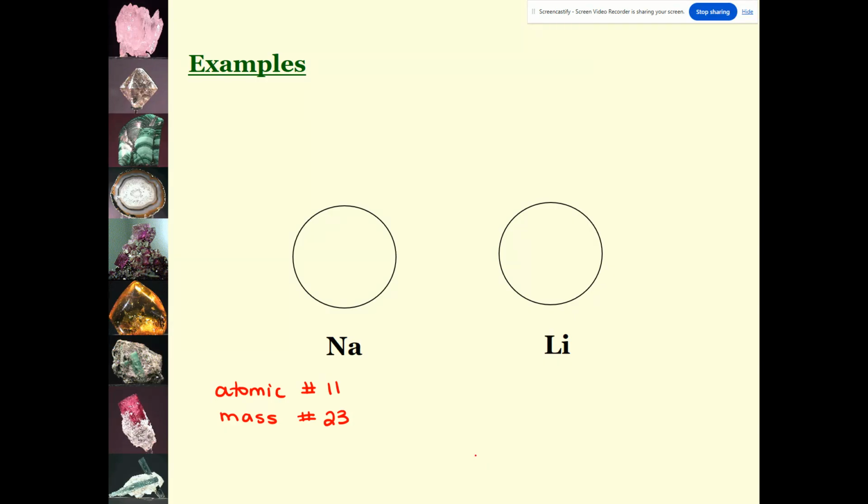Okay? So what this means is my subatomic particles. Just a reminder here, your protons equals your atomic number. When you have an atom, your electrons equals your protons, and neutrons are always mass number minus protons.